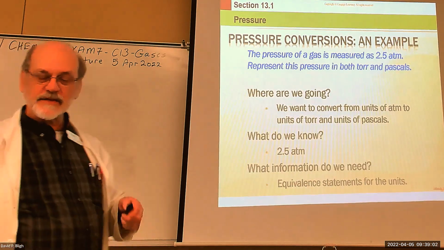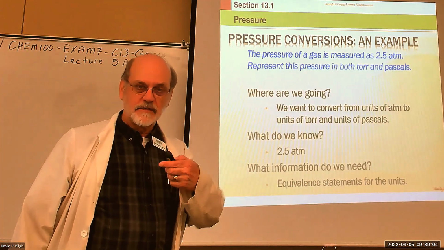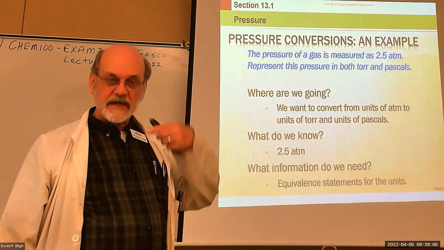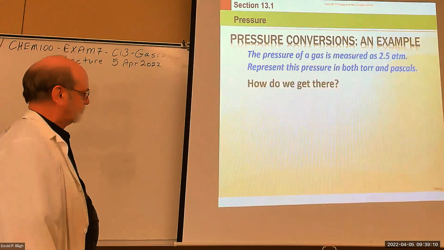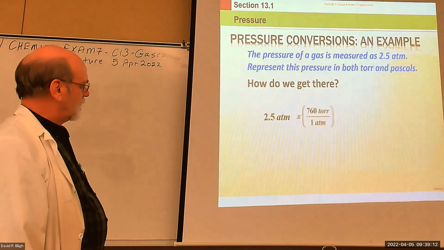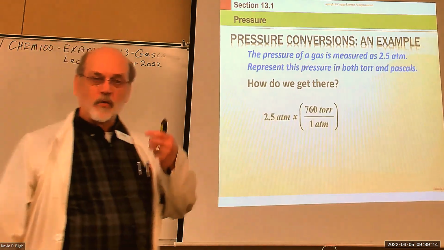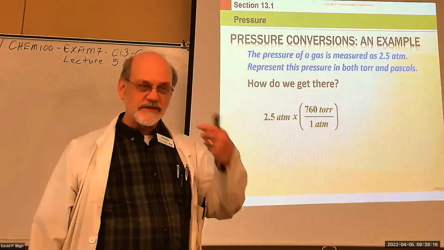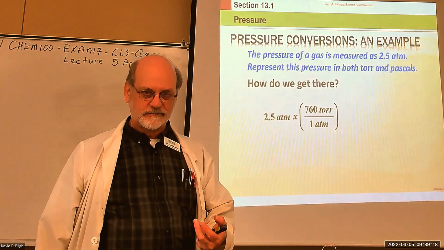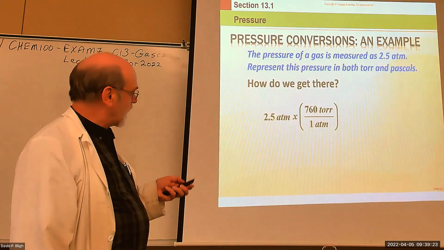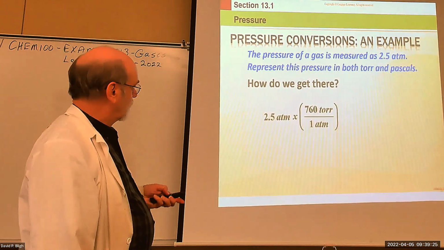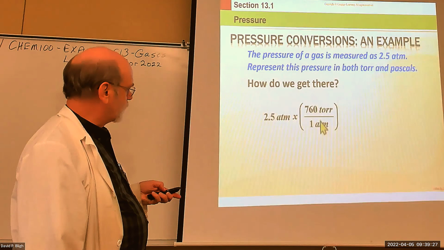And what we need is an equivalence to give us a conversion factor. All right. So our equivalence is 1 atmosphere equals 760 torr. That was on a previous slide. So we can create this conversion factor.